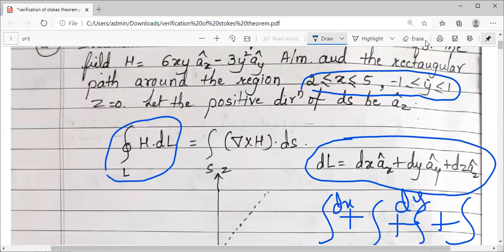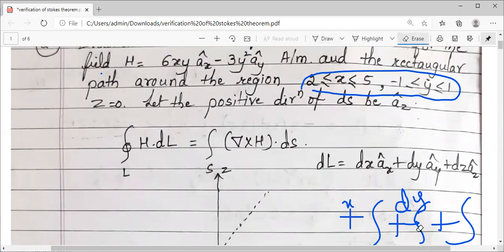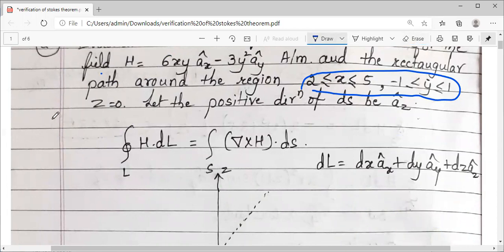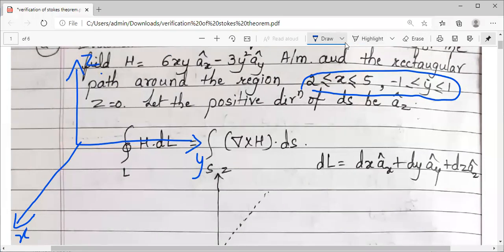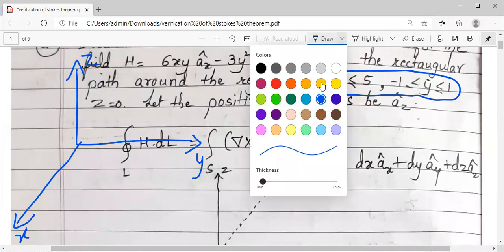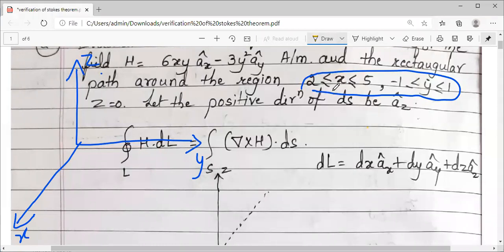Now, in order to locate this, I won't show you directly. I will draw it here, then you will understand. This is your coordinate system, X, Y, and Z. I have to now mark the regions. First I will mark out the X direction. So what is the X? It is 2 and 5: 2, 3, 4, and 5.